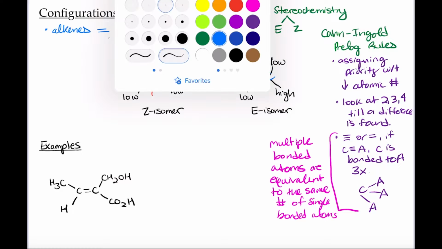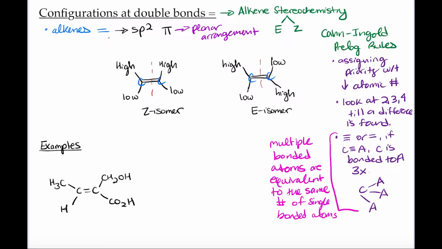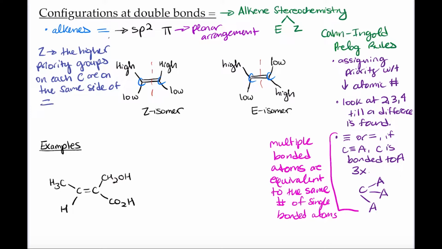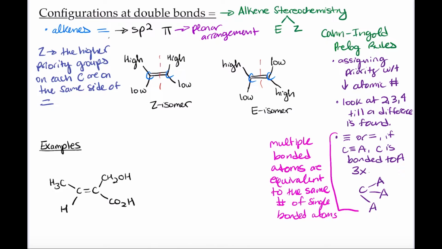So let me note that down. Z means the higher priority groups are on the same side of the double bond. And let me move this a little. Okay. And E pretty much means that the higher priority groups are on opposite sides, so I'll just put opposite here.